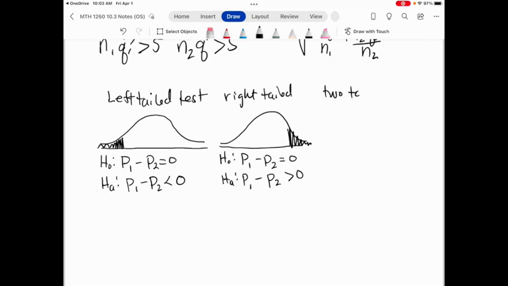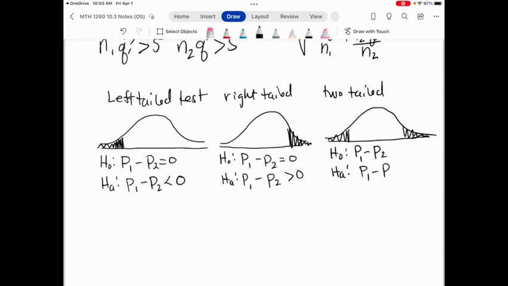And then for two-tailed, when we're looking at both sides of the graph, you're going to have that the null hypothesis is p1 minus p2 equals 0, and that the alternative hypothesis is p1 minus p2 does not equal 0.